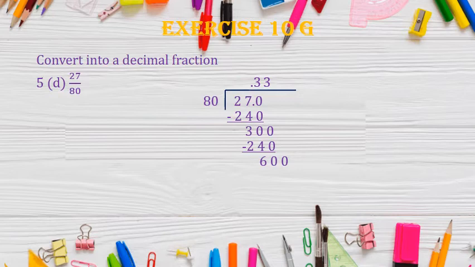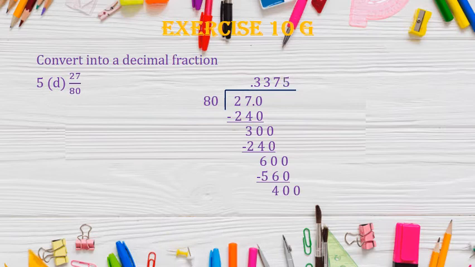And we add 0 to 60. It becomes 600. So 600 divided by 80. So 80 sevens are 560. And now we will write 7 in the quotient and subtract 560 from 600. We get 40 as the remainder, and we will add 0 to 40, so it becomes 400, and 400 divided by 80.